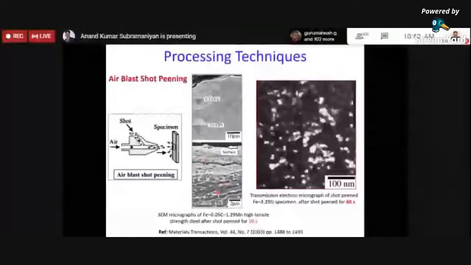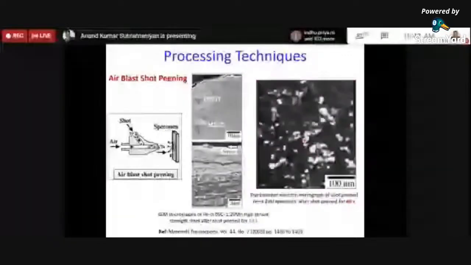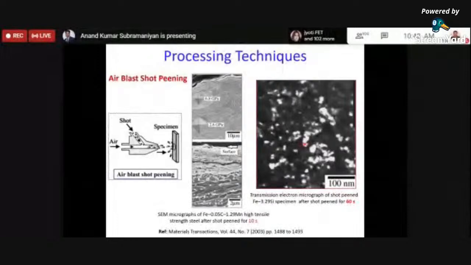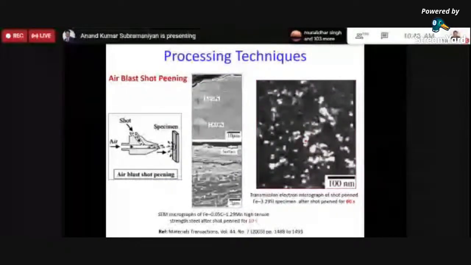And this is the unaffected bulk microstructure. Subsequently, this is the transmission electron microscopy image, where we can find that the grain size of the treated surface layer is reduced to nanoscale, right. So this is another technique which people also employ.